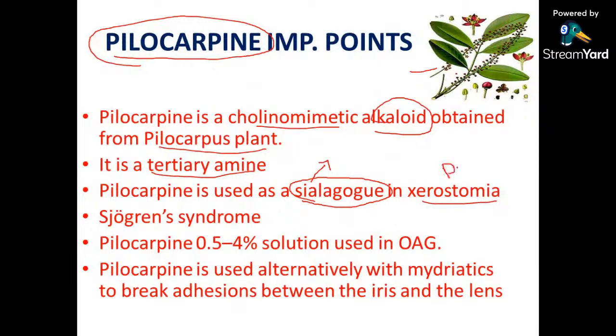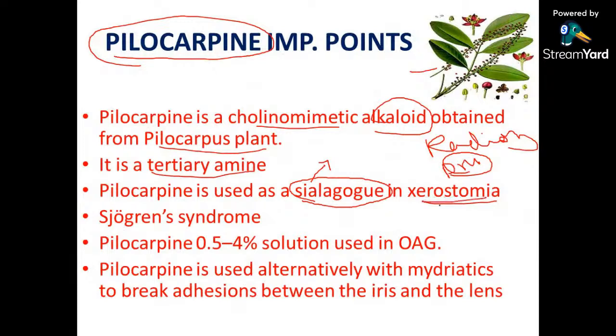Dry mouth is usually seen when a patient is severely dehydrated, or when the patient is taking radiation therapy. When the patient is taking radiation therapy, especially in mouth cancer conditions or in other conditions, the patient will develop xerostomia.